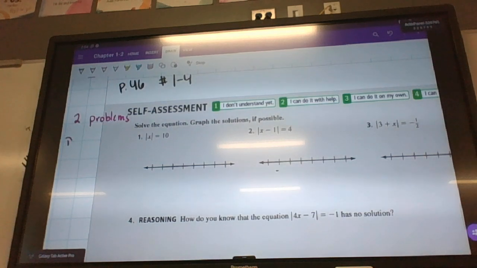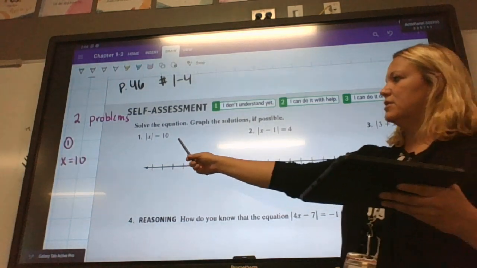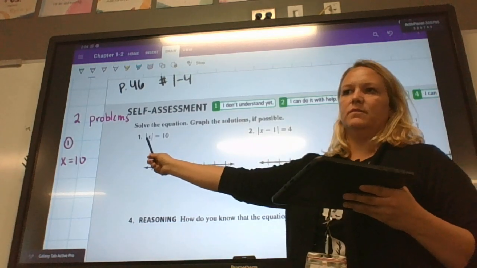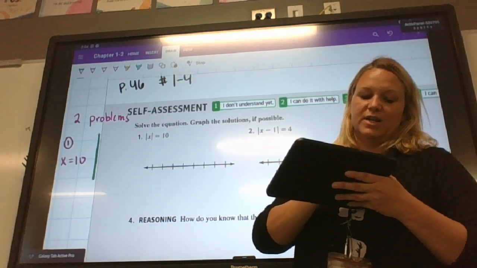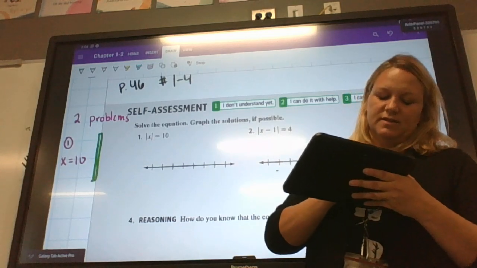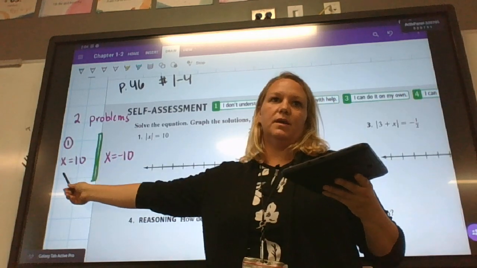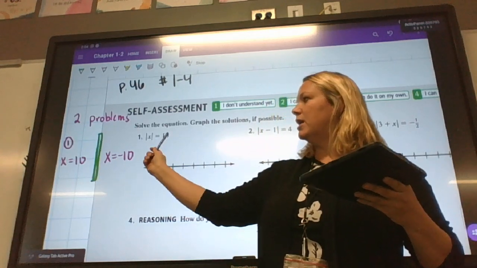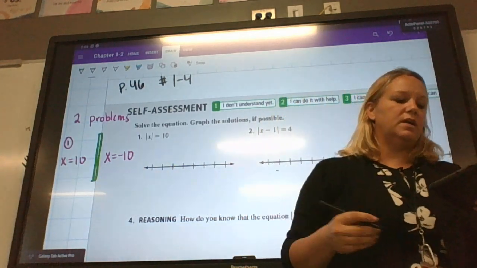The first one is that x actually equals 10. There could be a 10 in there, right? The second one is that it could be negative 10. So you drop the bars and keep it, or you drop the bars and make that value negative. There's either a 10 in there or a negative 10.